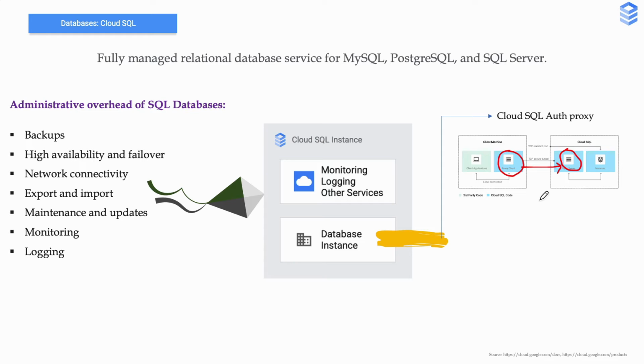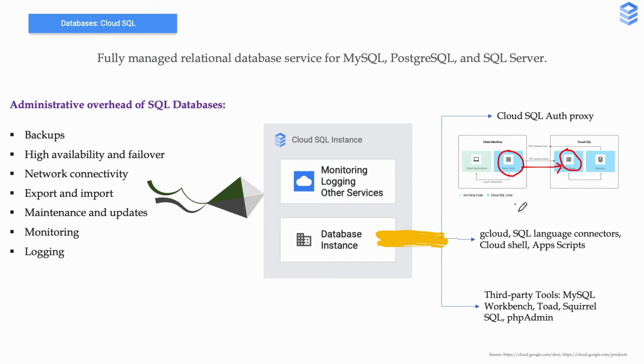Now, apart from these, there are standard ways. With gcloud, anytime you're using the gcloud SDK, there are SQL language connectors. You can also access it from Cloud Shell, which I often use to do so.